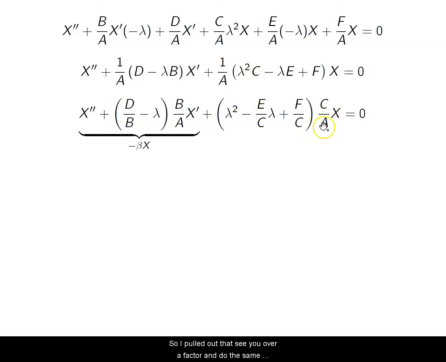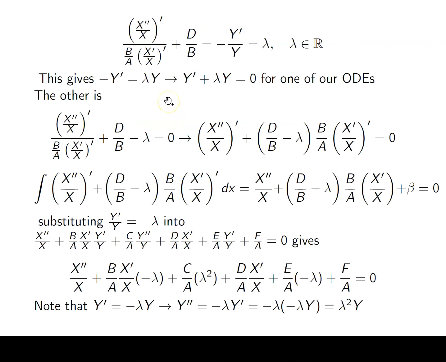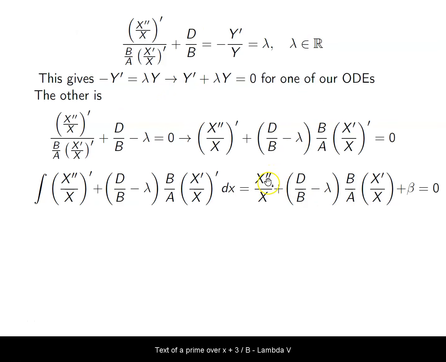And so I pulled out that c over a factor. I did the same thing here. I'm going to scroll back in just a second, but notice that if I had moved beta over to the right hand side earlier, here, x double prime over x plus d over b minus lambda b over a x prime over x.